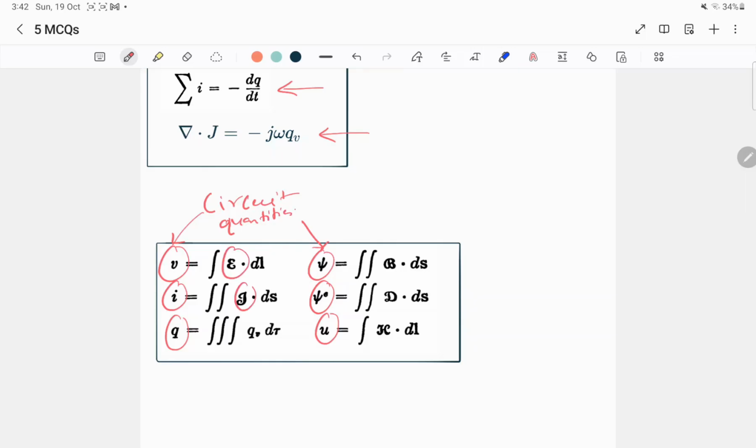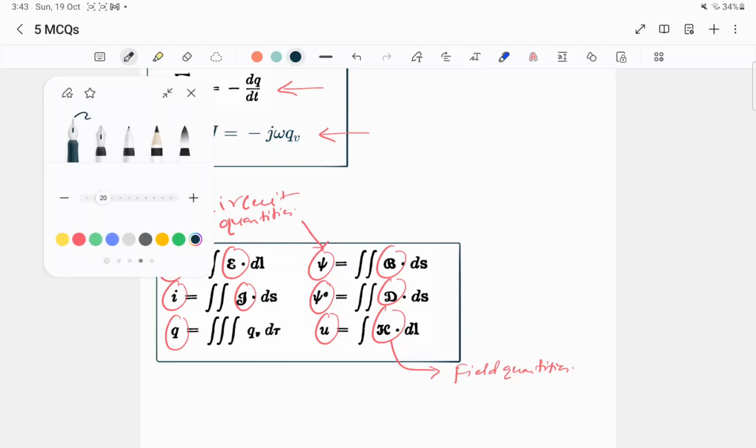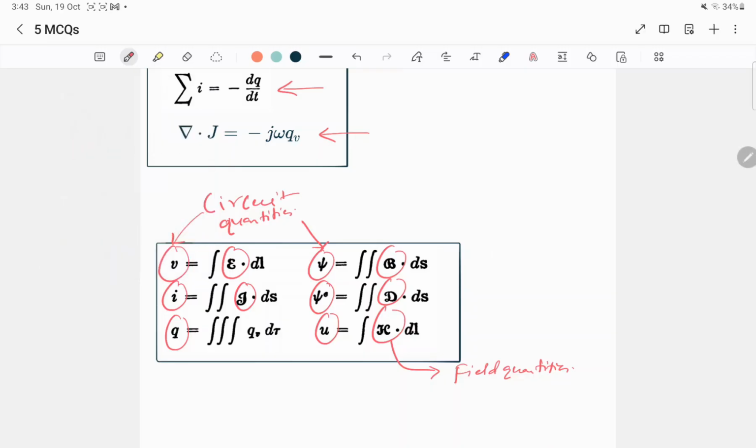Whereas E, J, B, D, H, these are field quantities. Okay, so these 6 set of equations tell us the relationship between circuit quantity and field quantity.